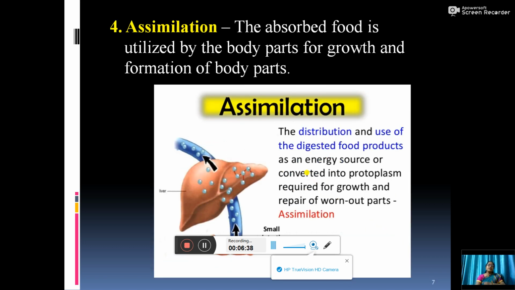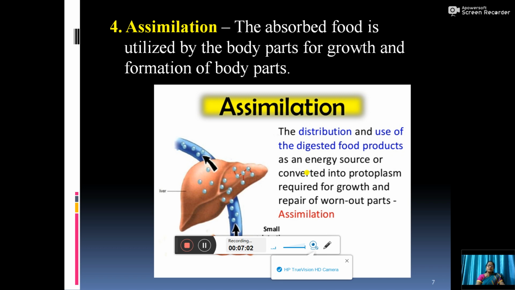Now the fourth is assimilation. First of all, you should know the meaning of assimilation. The food absorbed by the small intestine is utilized by the body for the growth and formation of body parts.